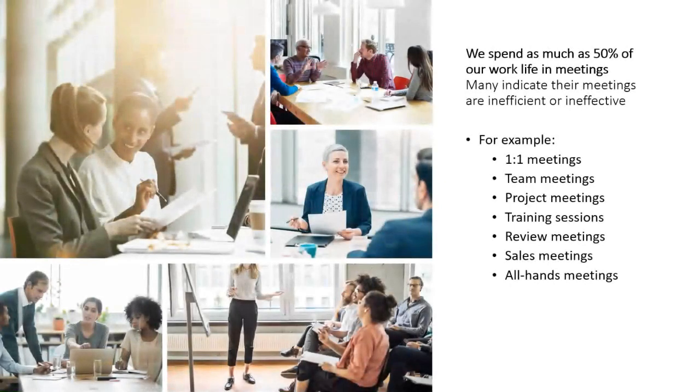Okay, so meetings. We spend a lot of our work life and our life in meetings. This came from a Forrester study. We spend as much as 50% of our time at work in meetings. Sometimes it feels like for me, it's even more than that. Meetings come in all different types, right?